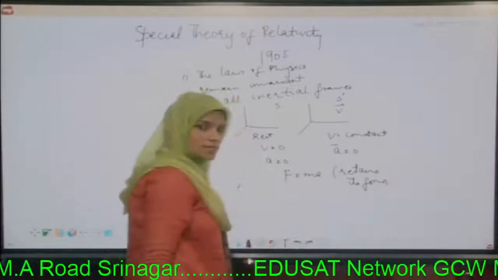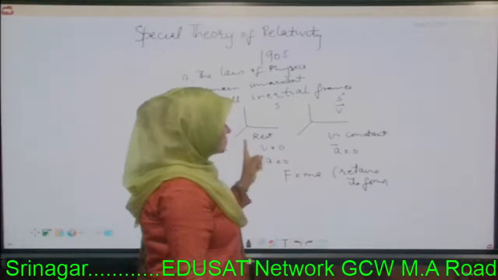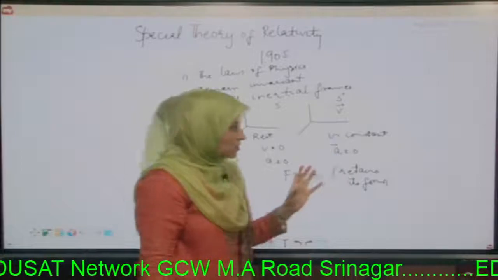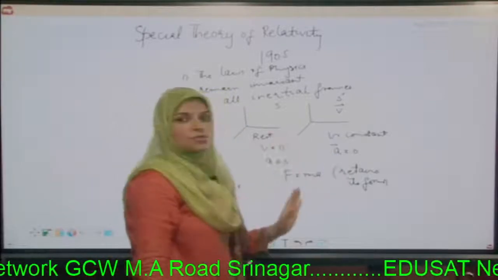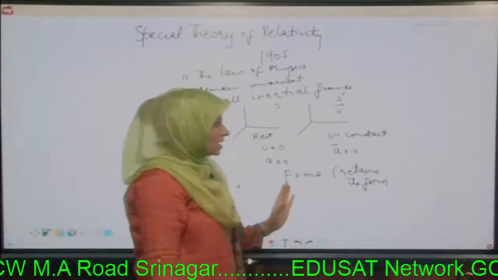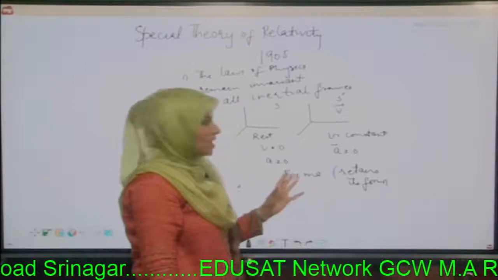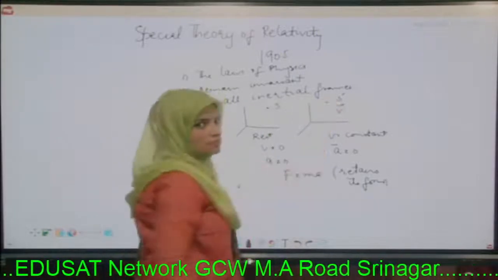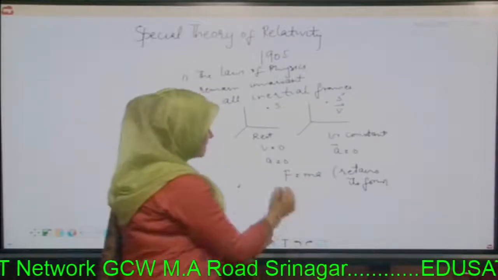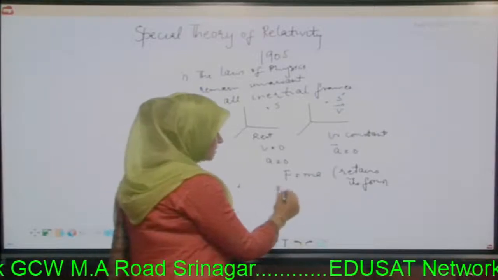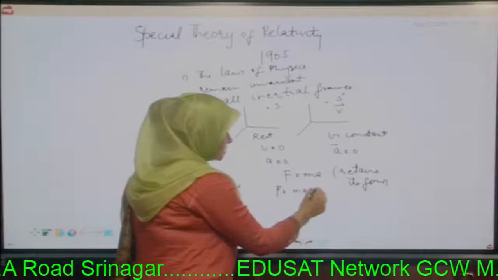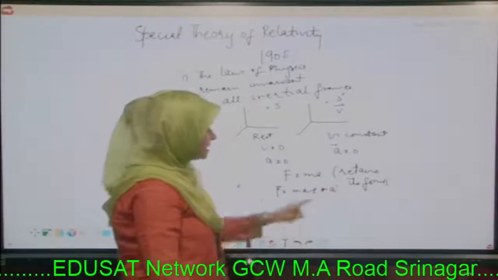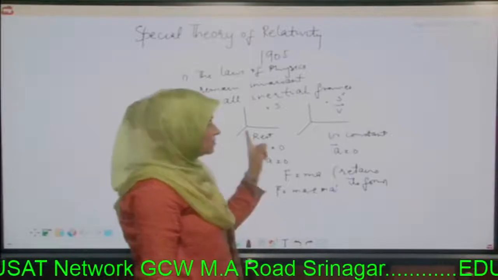And how do we understand that further? Because these frames of reference are either at rest or they possess a uniform motion, there is no acceleration associated with these kinds of frames. Therefore, there is no additional force which acts on the system or the object that we are intending to observe. Therefore, we don't have any equation of the sort F is equal to ma plus or minus ma prime, where this acceleration would have been the acceleration of the frame of reference.